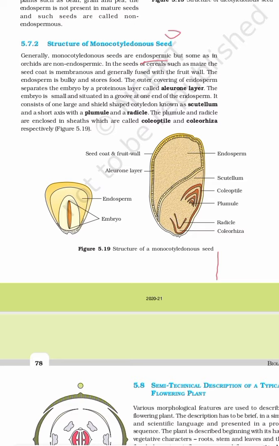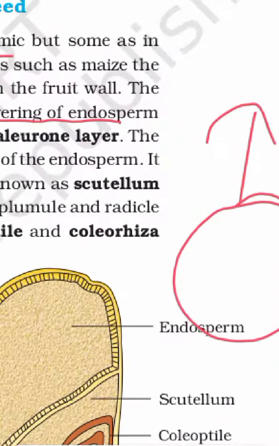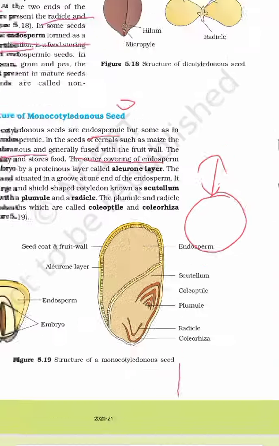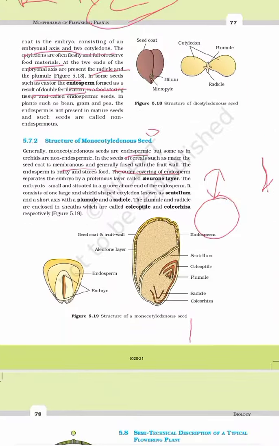They have endosperm inside, which will not get used up, except in a few plants like orchid. In maize, the seed coat is membranous, meaning it has an outer membrane layer. It is fused with the fruit wall, meaning combined with the fruit wall.